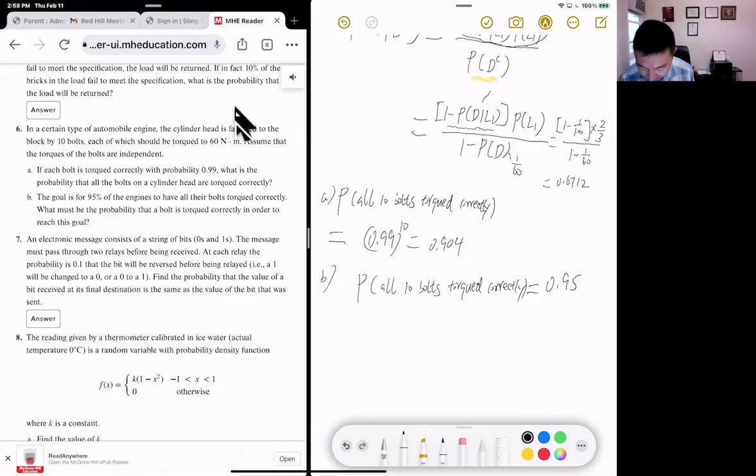Okay, and from part A we know if each bolt is 99% torqued correctly, we only get 90% for all the 10 bolts. So the question becomes: what should be the probability for each bolt torqued correctly, P, such that P to the power of 10 equals 0.95? We're solving for that.